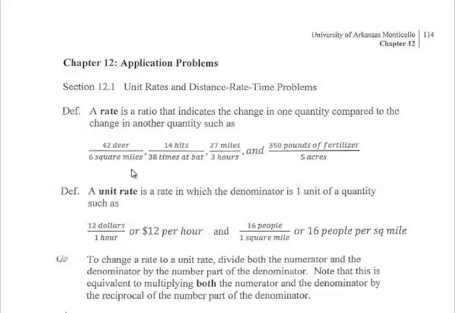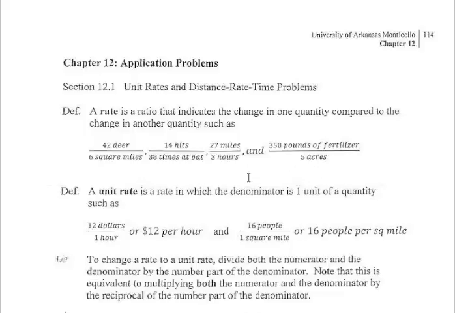So a ratio of 42 deer per 6 square miles. A baseball statistic, maybe 14 hits for every 38 times at bat. And one that we're going to probably run into first, 27 miles every 3 hours. We're going to work some problems that involve distance, rate, and time. So these are all examples of rates.